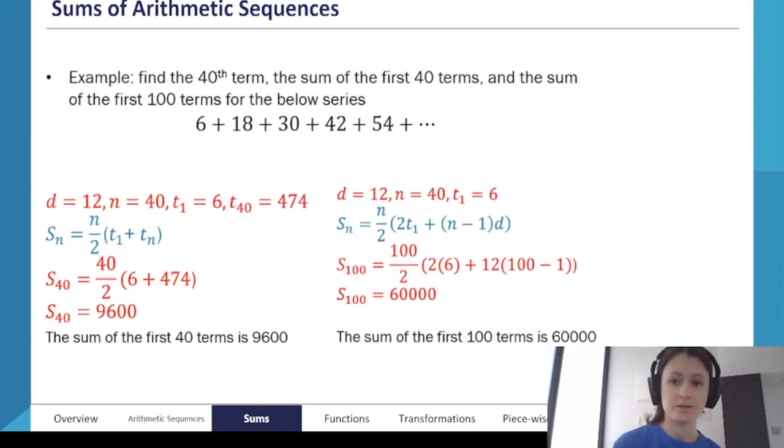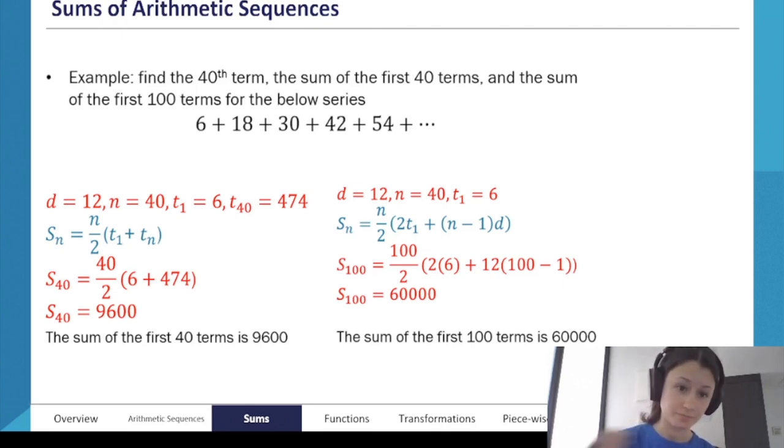Okay, let's get into an example. What we have here is we need to find the 40th term, the sum of the first 40 terms, and the sum of the first 100 terms for the series below.